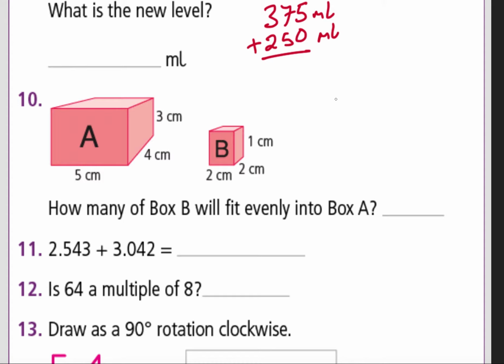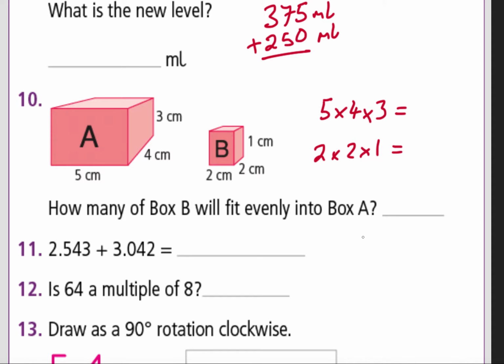So for box A, we're going to get 5 times 4 times 3 is equal to something, and that's our volume for box A. For box B, we're going to get 2 multiplied by 2 multiplied by 1. That'll give us our volume for box B. So we'll have the volume of each box then, and we just need to divide the smaller answer into the bigger answer, and that will tell us how many times box B fits into box A.